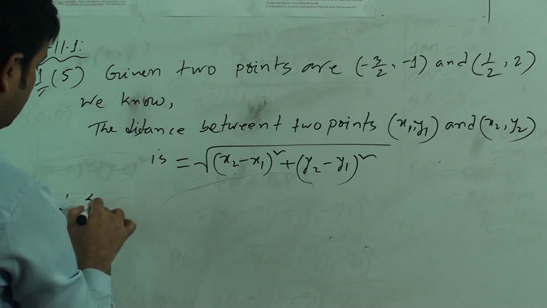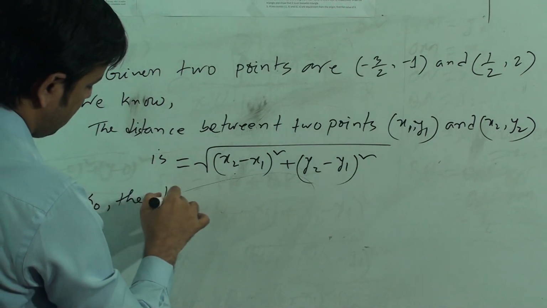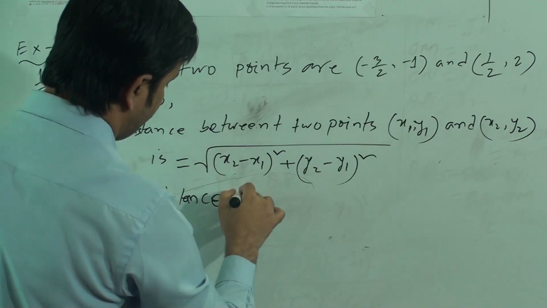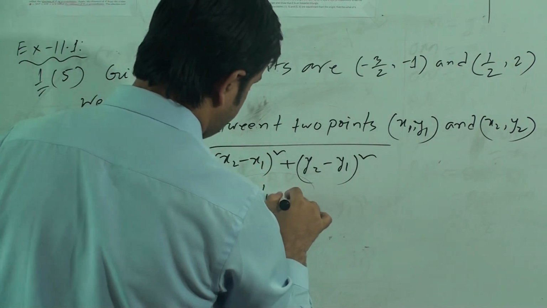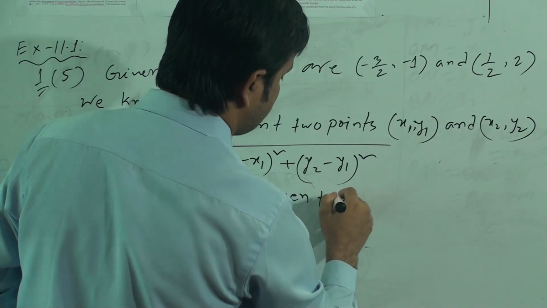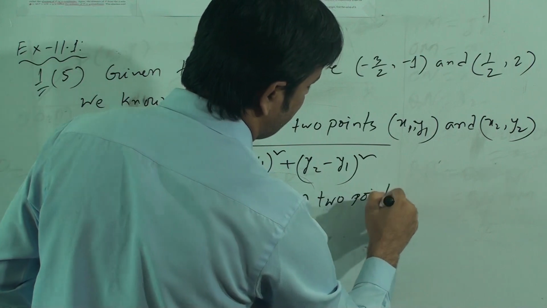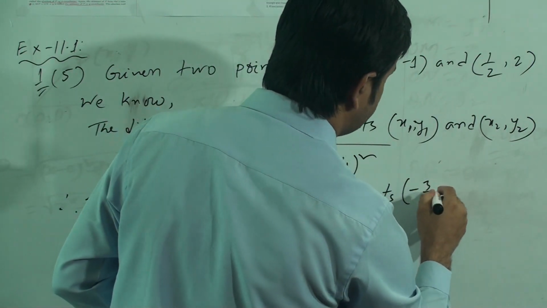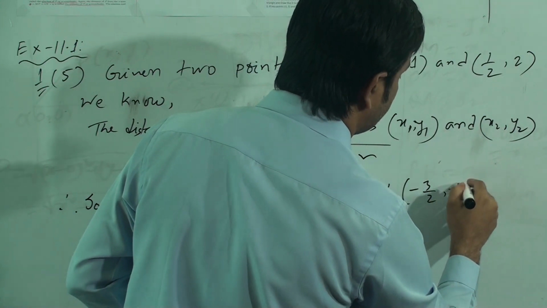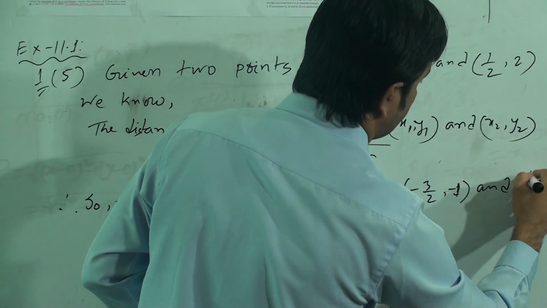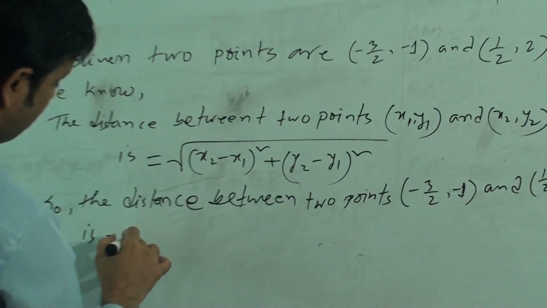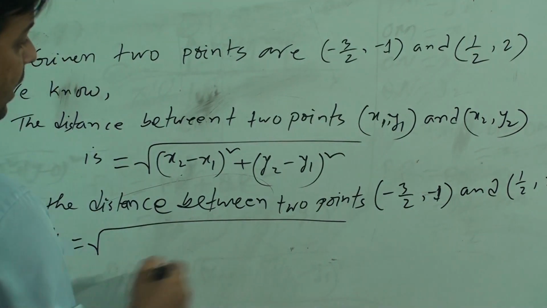So the distance between the 2 points (minus 3/2, minus 1) and (1/2, 2) is equal to, we can take the square root here.